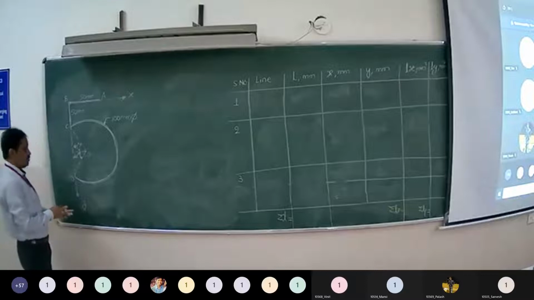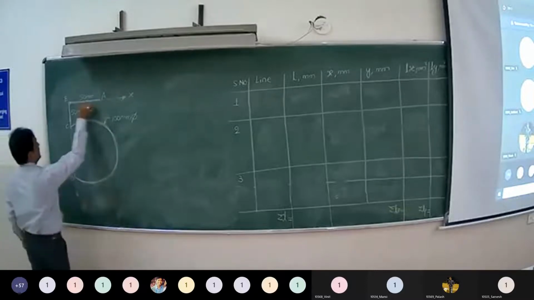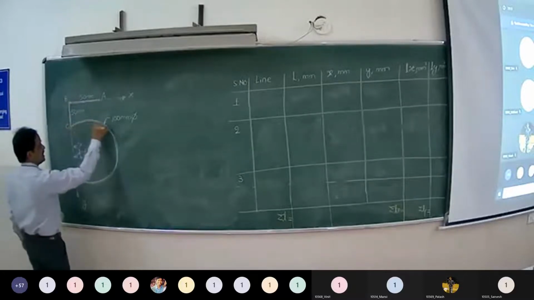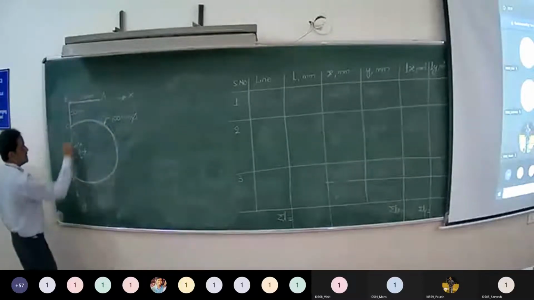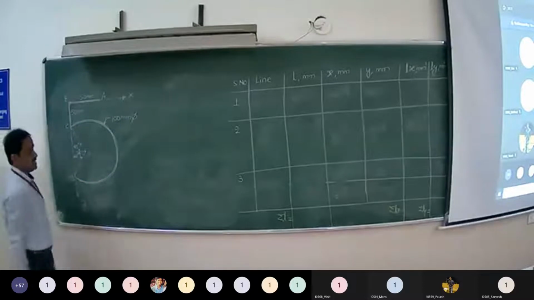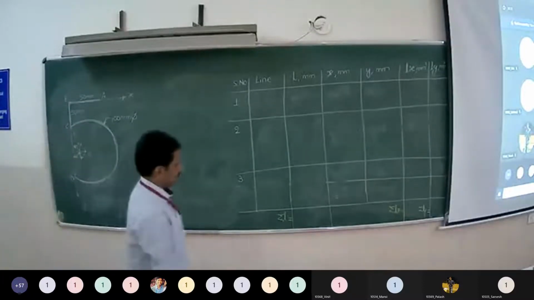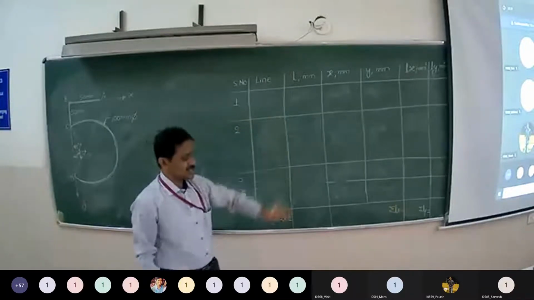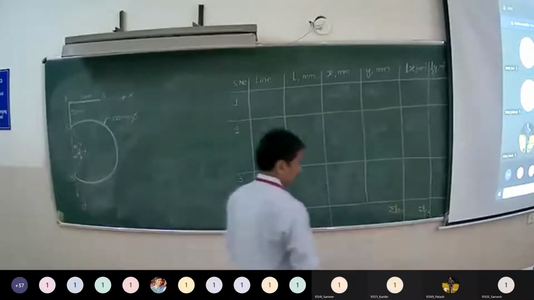So we can divide this into 3 parts: line AB, line BC and circular arc CD. CD is the circular arc. Then you have to take the moments. For that, draw a table.